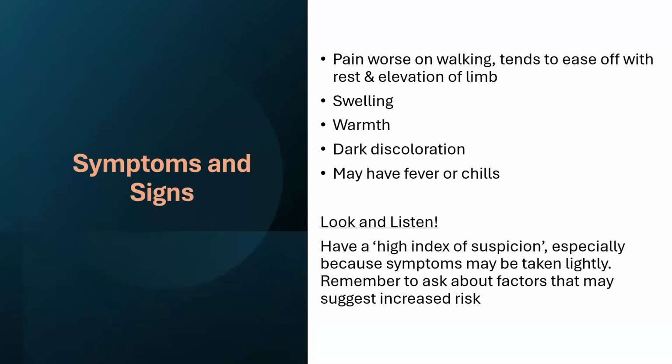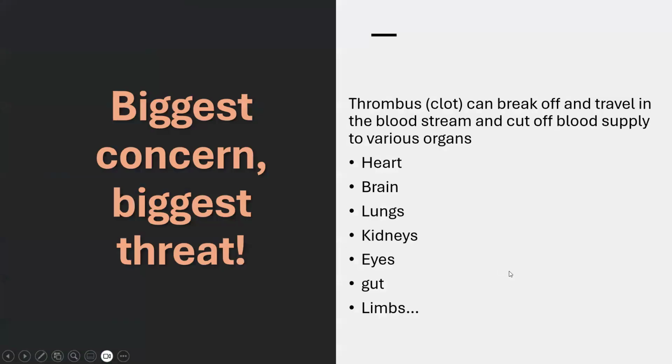So one has to have a high index of suspicion because, you know, you might not even think about it, but if you have it in the back of your mind, and I guess that's a reason for presenting, especially because symptoms may be taken lightly by the person with the symptoms, okay?